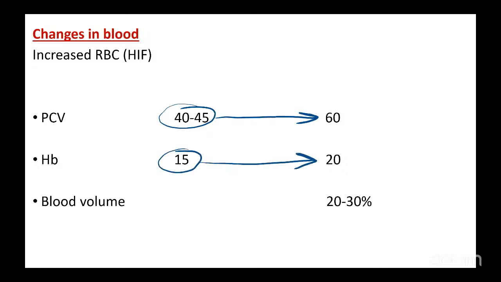Blood volume increases 20 to 30%. Why all this? To make sure that better transport of oxygen is happening. Because lack of oxygen at the tissue level is hypoxia. When there is a lack of oxygen at the tissue level, the body tries to compensate by at least making sure that whatever available oxygen is transported properly. There is no shortage at that point.